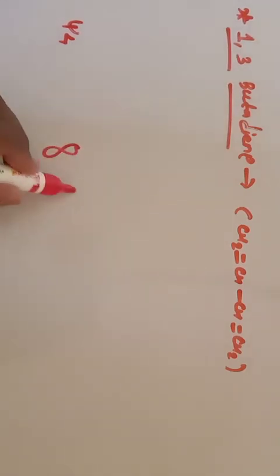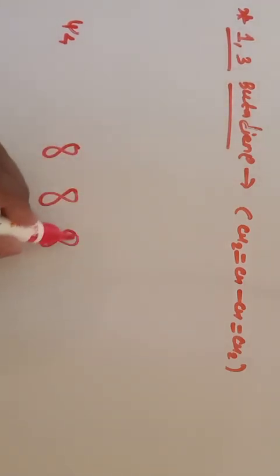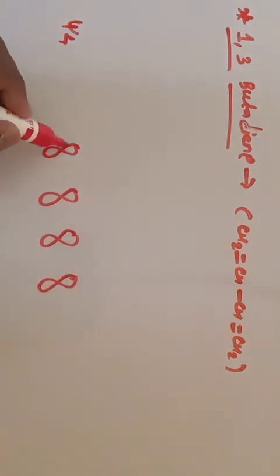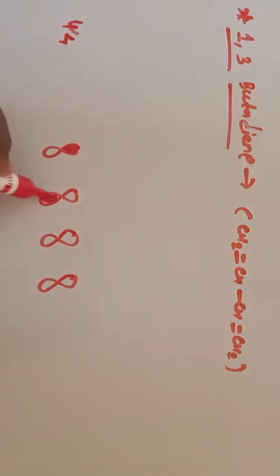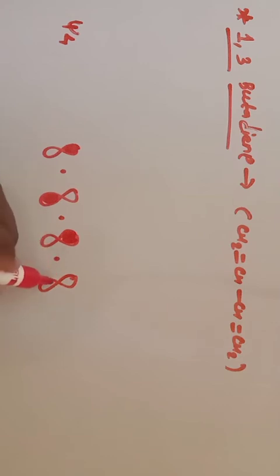So this is 1, 2, 3 and 4. This is the representation for psi4. So this is your one node, this is your second node, and this is your third node.